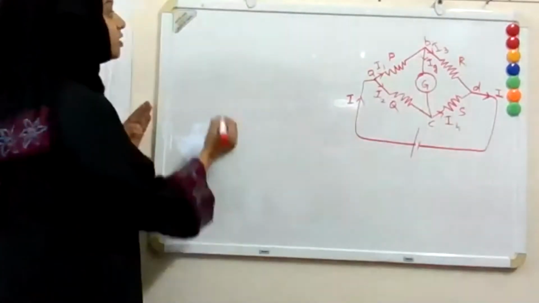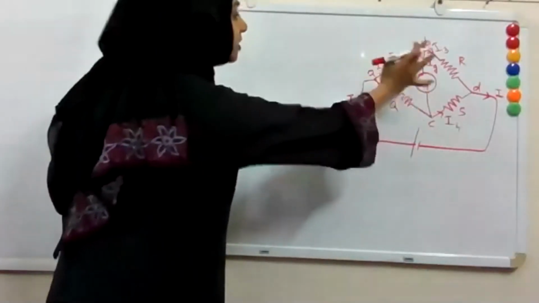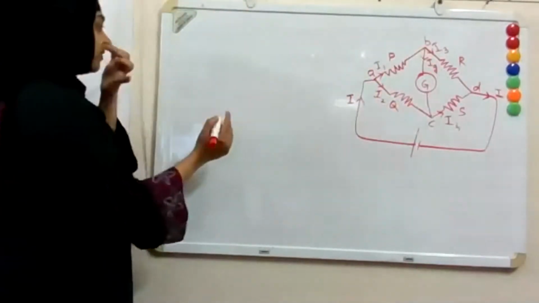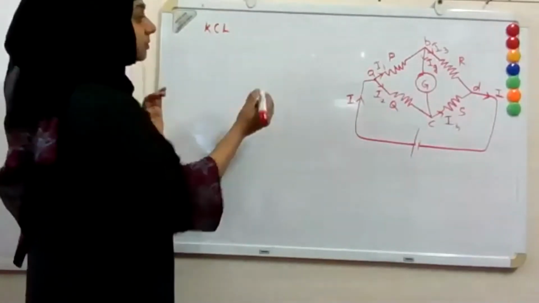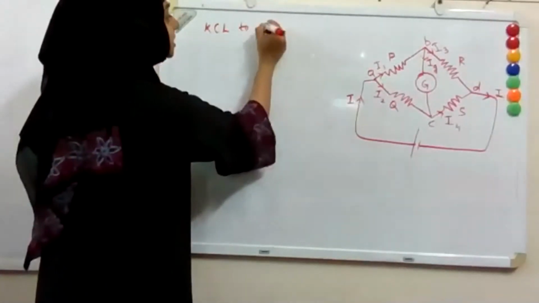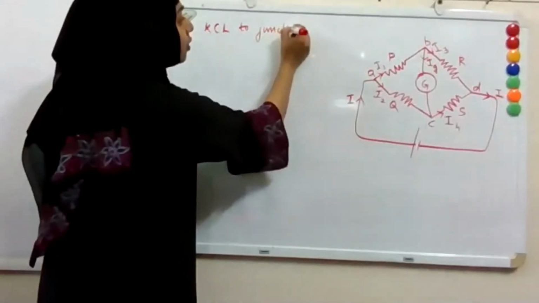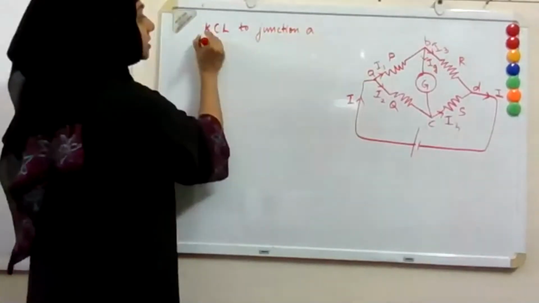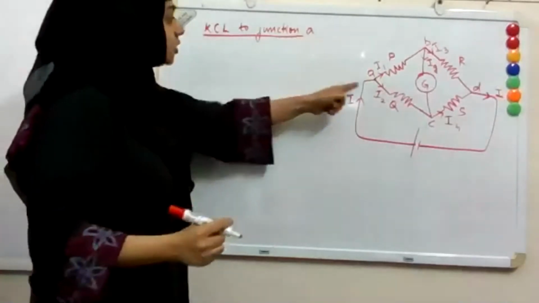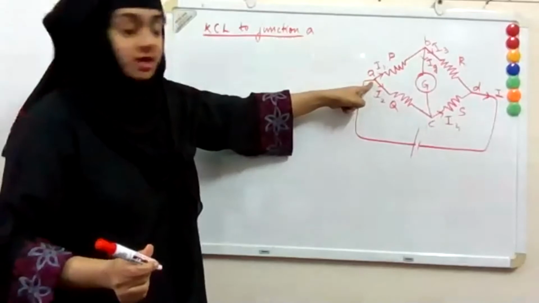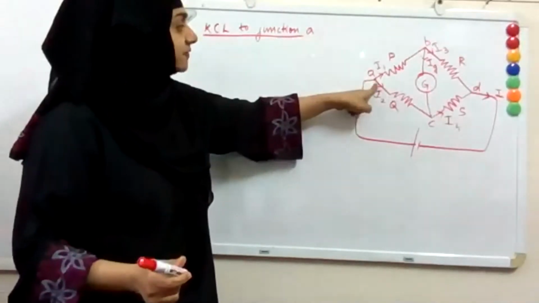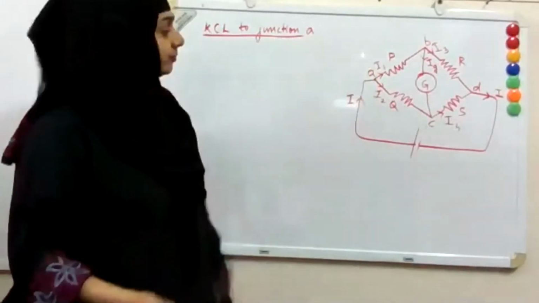Now, in order to derive the principle of Wheatstone's bridge, let me first apply Kirchhoff's current law to junction or node a.